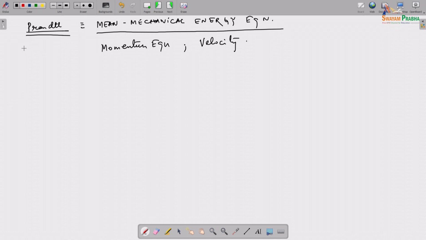So, this is a dot product of the momentum equation and a velocity.